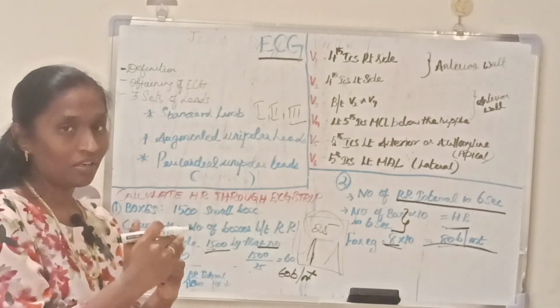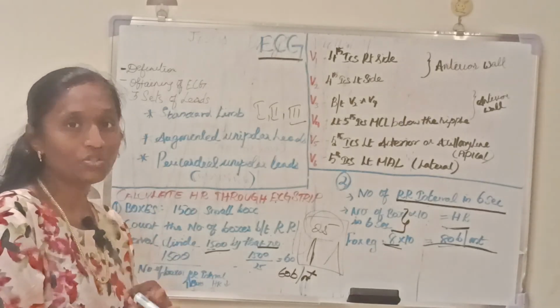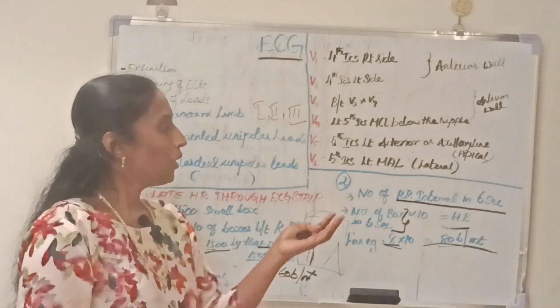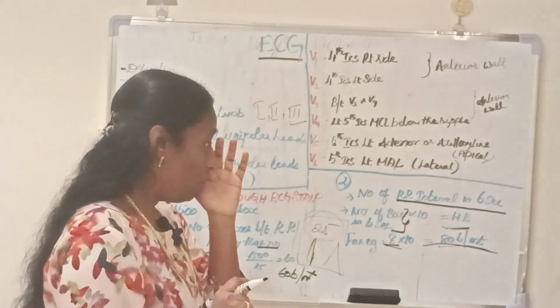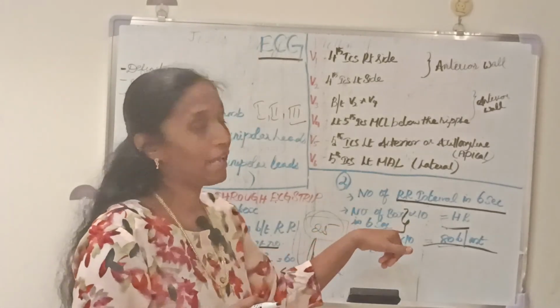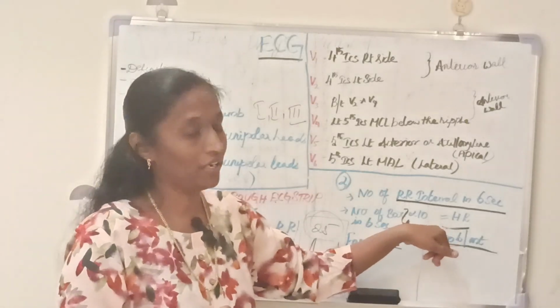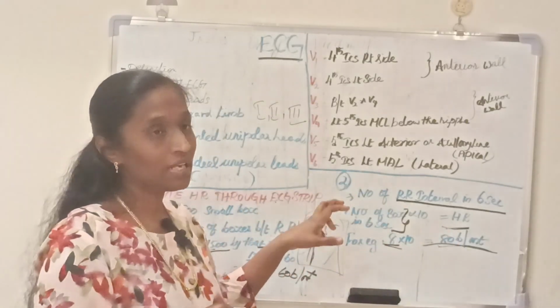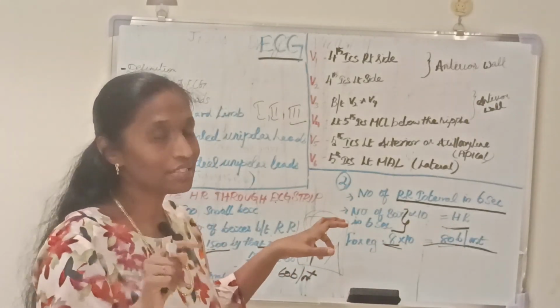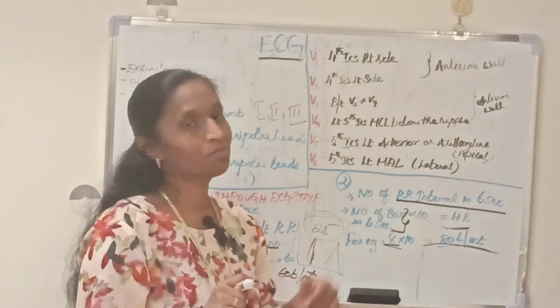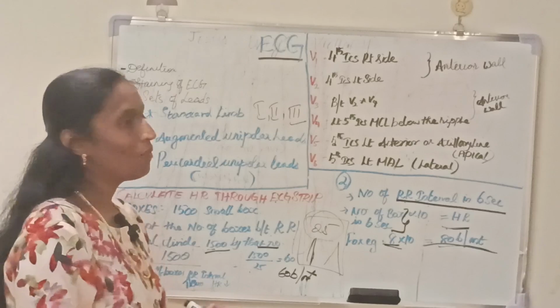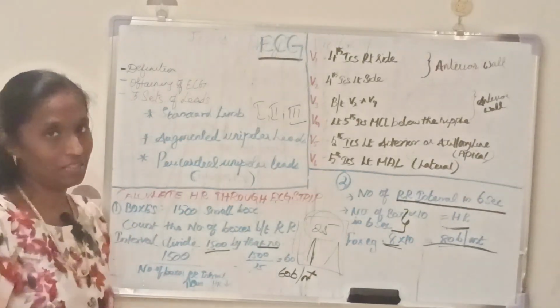So 1500 divided by 25 equals 60 beats per minute. Next is the number of RR intervals in 6 seconds, multiplied by 10. This is the way we can calculate the heart rate of a person.